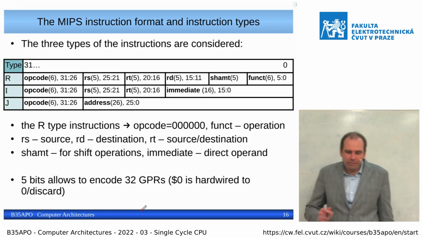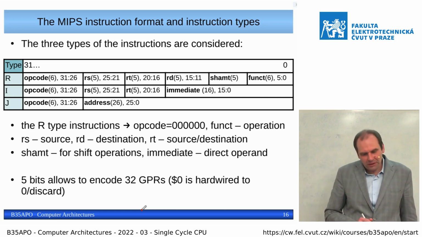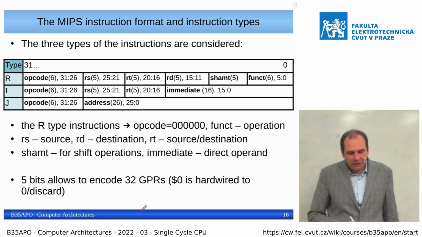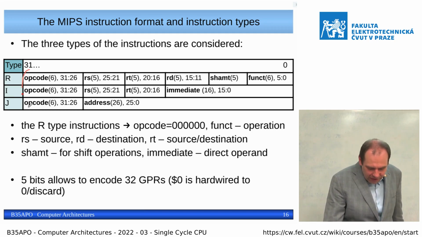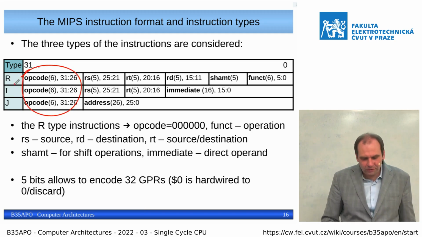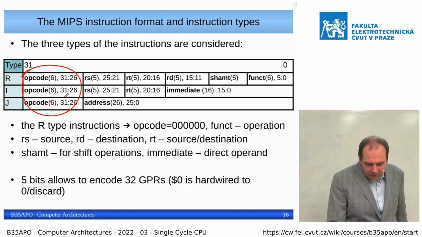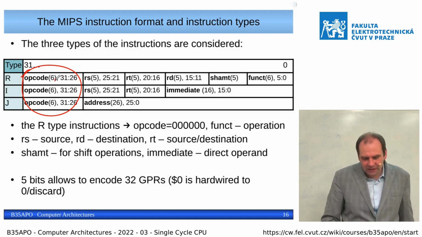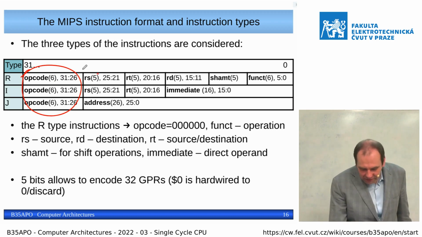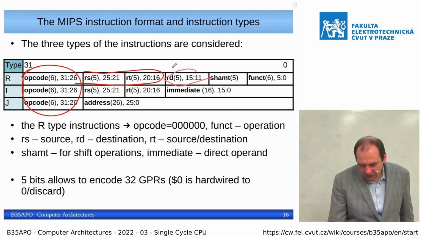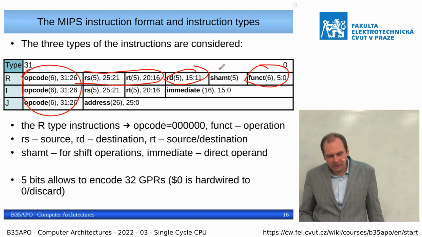Okay, we return back here to MIPS, which we used for teaching last year, because there it is quite easy. In MIPS, we have 3 types of instruction encoding. In the most significant 6 bits, we store the operation code, and then we have one source register, a second source register, and a destination register, and the function for those 3-operand operations.